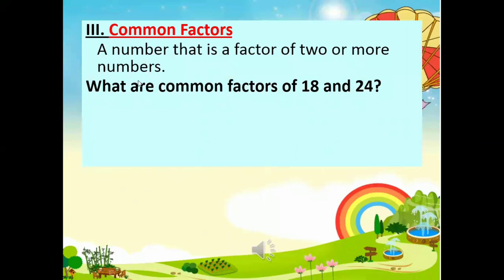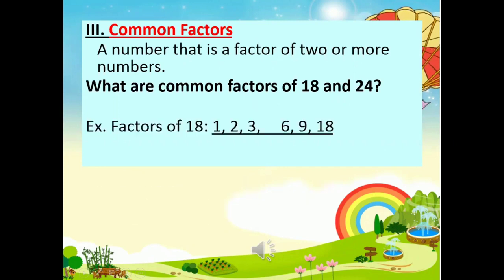Okay, next, let's also talk about common factors. A common factor is a number that is a factor of 2 or more numbers. Let's say, for example, what are the common factors of 18 and 24? Common, they have the same factor. So let's list down the factors of 18.